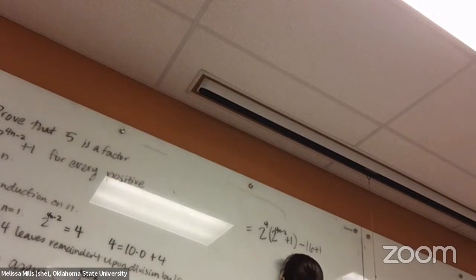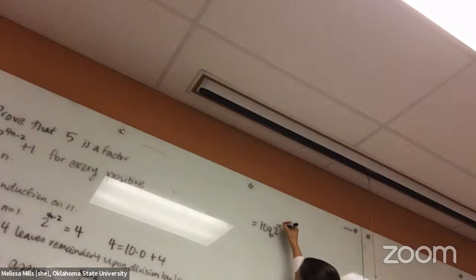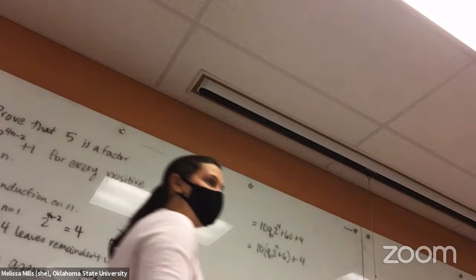So I think your idea is gonna work. So that equals 10 Q1 times 2 to the 4th plus 60 plus 4. So I can pull a 10 out of all that. So I'll have Q1 times 2 to the 4th plus 6, plus 4. So then my remainder is the right size.